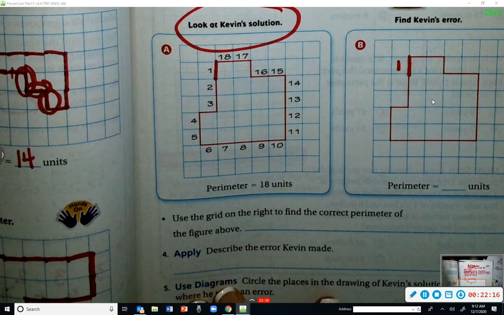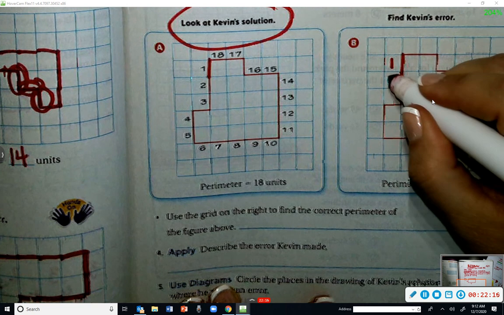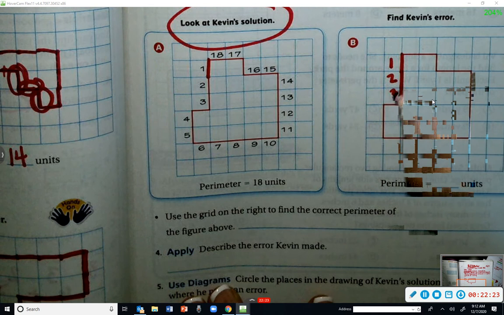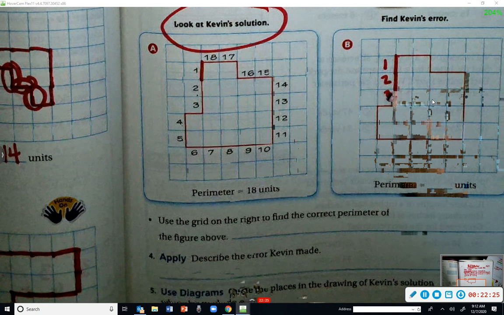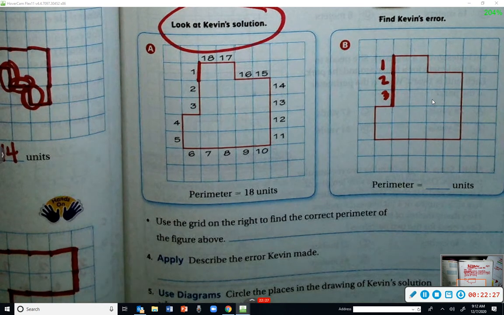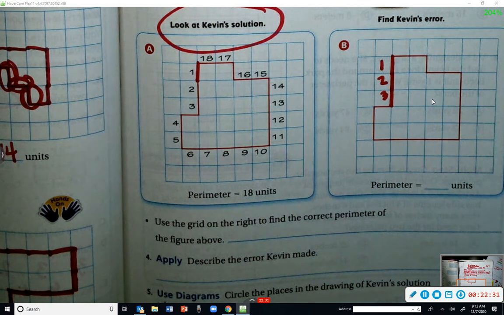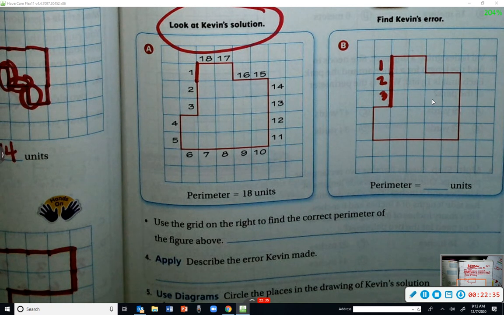That would be 1, 2, 3. And I want you to continue from there and tell me, what did Kevin do wrong? And just a little hint, he did more than one mistake. So find 2 mistakes.